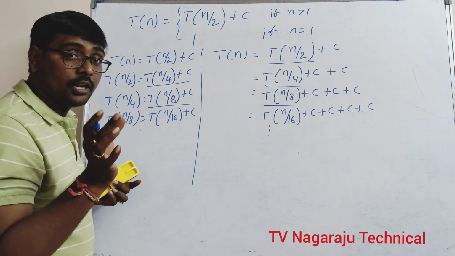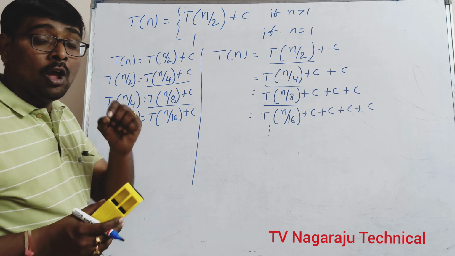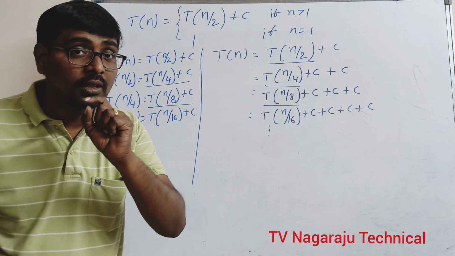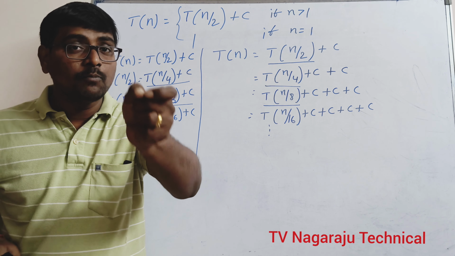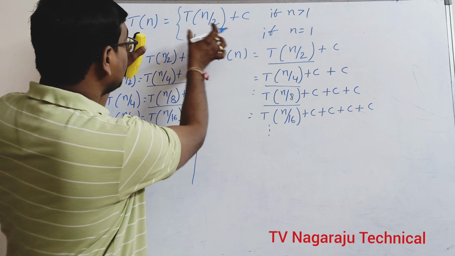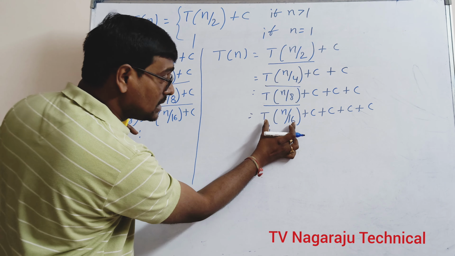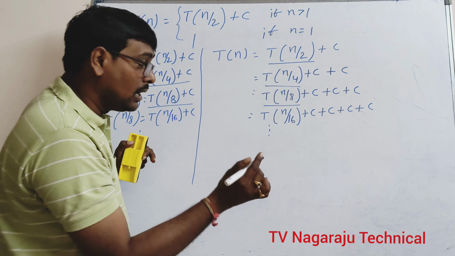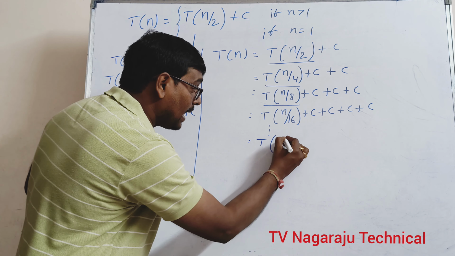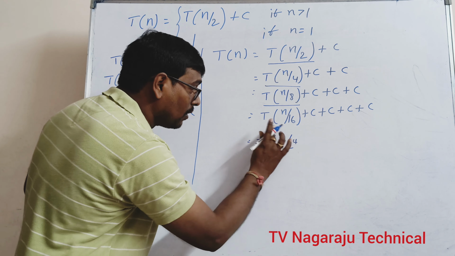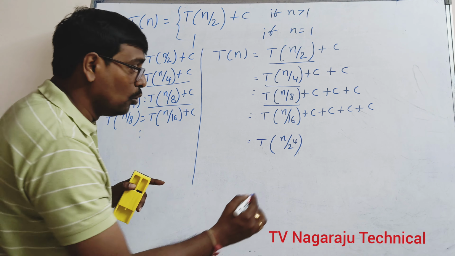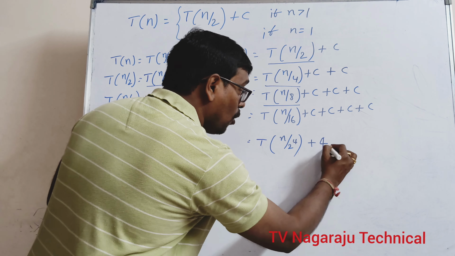Now so on. If you observe the pattern while solving the recurrence relation, what is the main important thing? You need to stop the problem at n is equal to 1. That means T of 1, that means this is 1. Now here I am writing T of n by 2 power 4, written like this: T of n by 2 power 4 plus 4c.